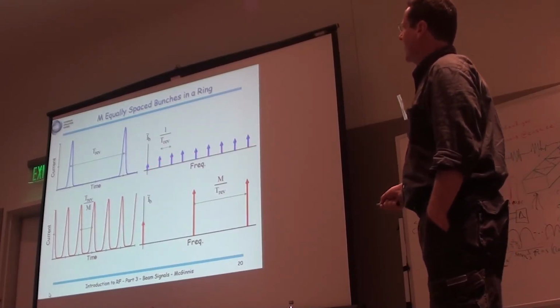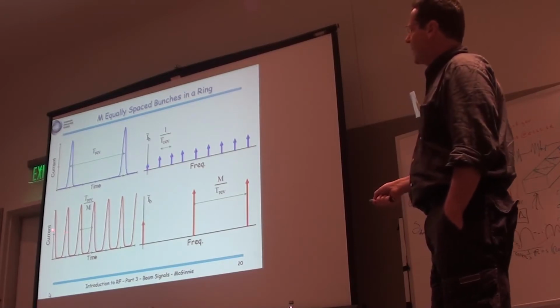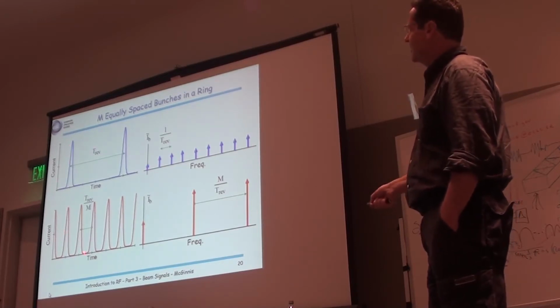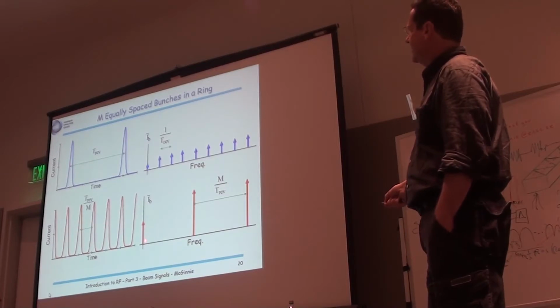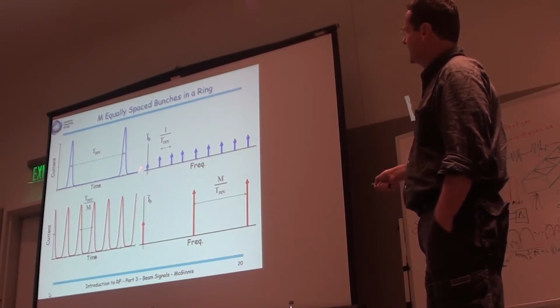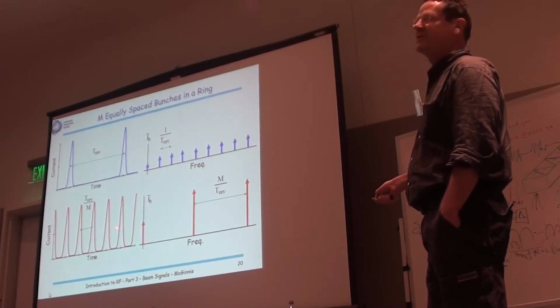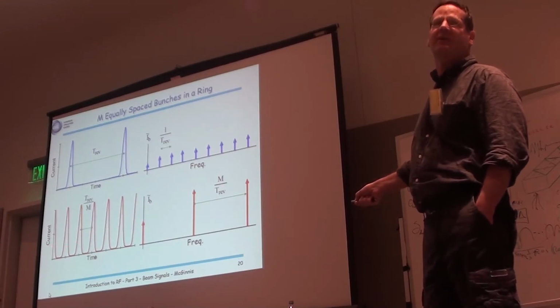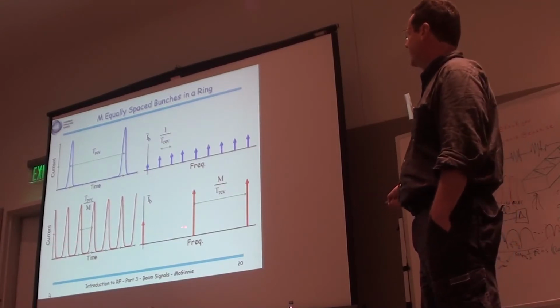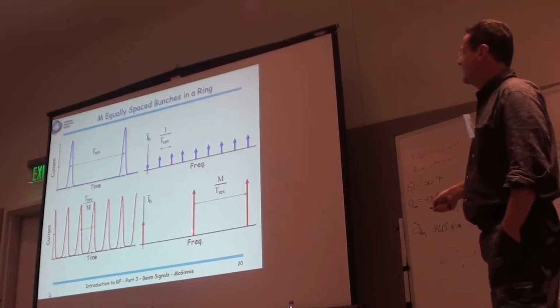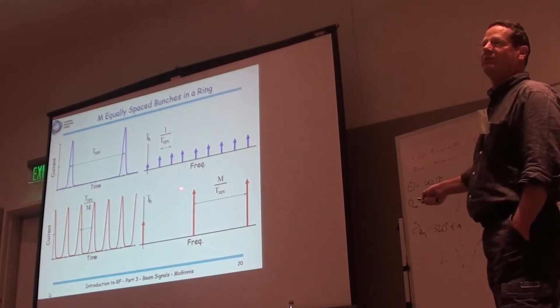For the same bunch, these are the same height bunches, but they're coming around m times faster. You can see this is n times bigger, but of course, because you have a lot more bunches in the machine, you expect that. It's still given by the DC beam current, but now you see this is further apart and taller.